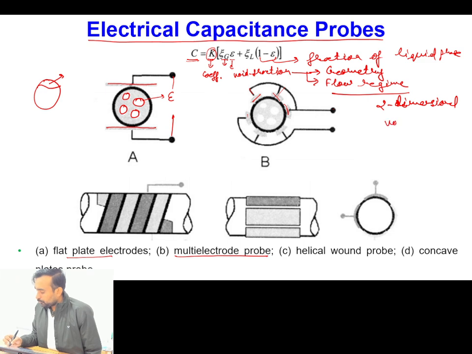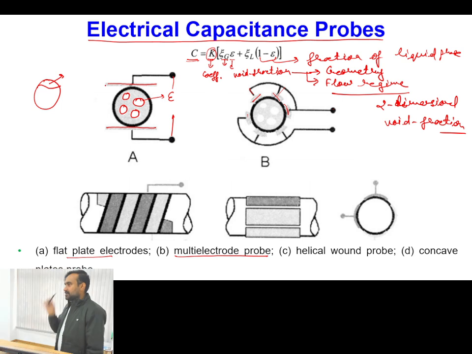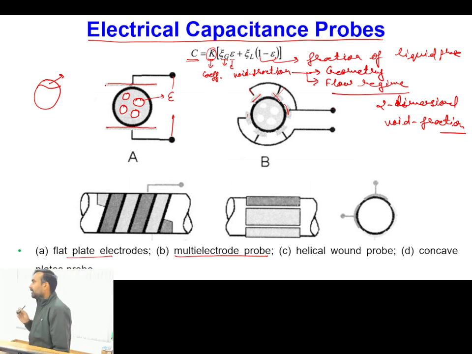Why are these giving two-dimensional void fraction? Can you tell me? Typically at the moment we are assuming that the width of the plate normal to the plane is small, and the second important point is that it is not giving me the phase density function at any individual specific location.